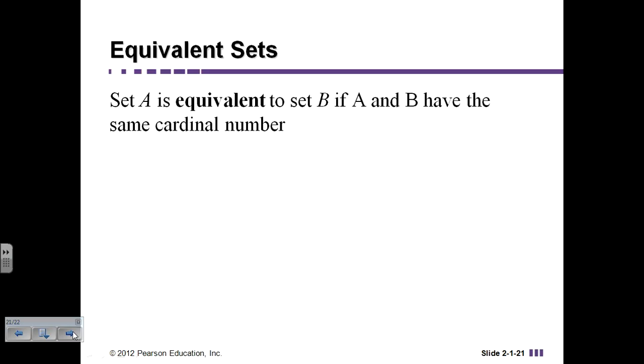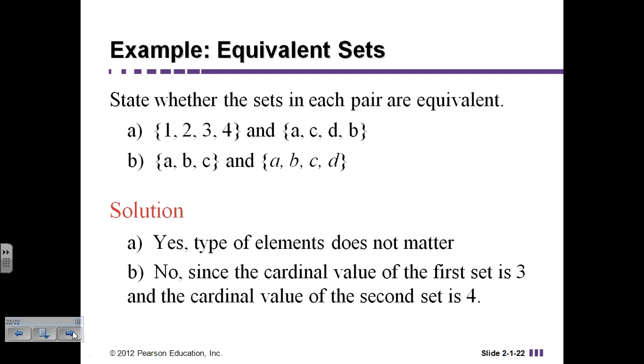2 sets are equivalent if A and B have the same cardinal number. That means they have the same number of elements in the set, but not necessarily the same elements. For example, if I have the set 1, 2, 3, 4, and another set A, B, D, and C, or A, C, D, and B, those 2 sets are equivalent because each of the sets has a cardinal number of 4.